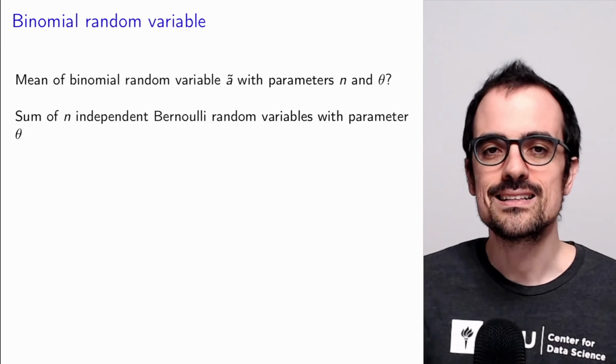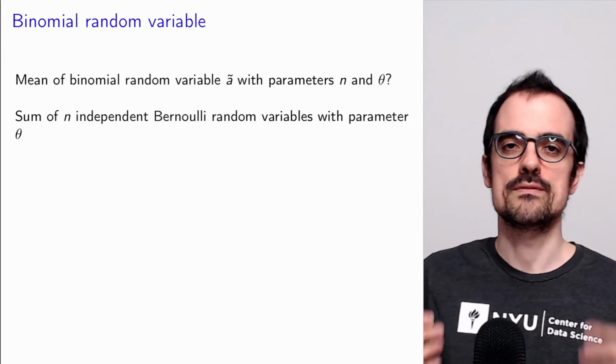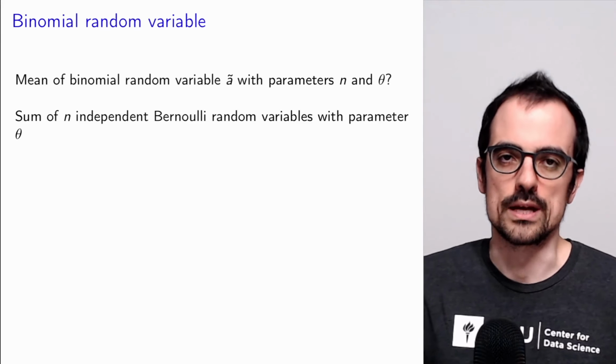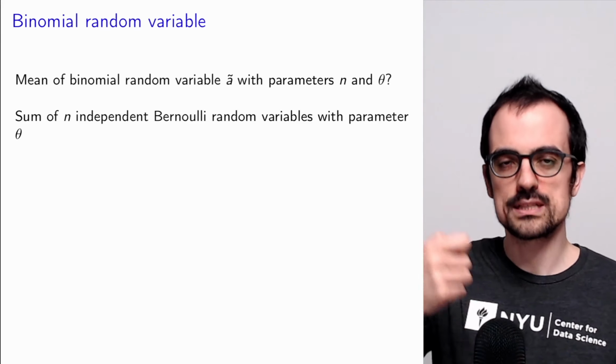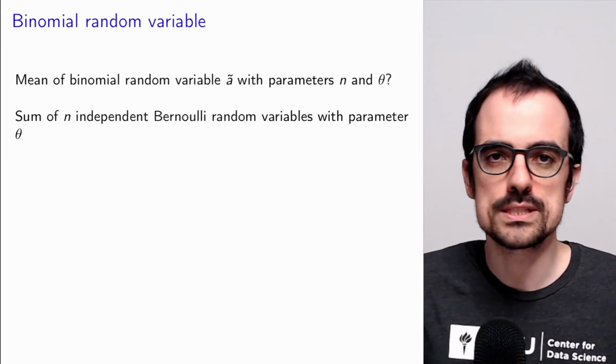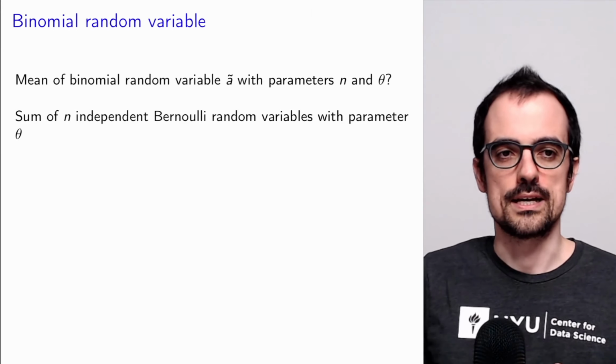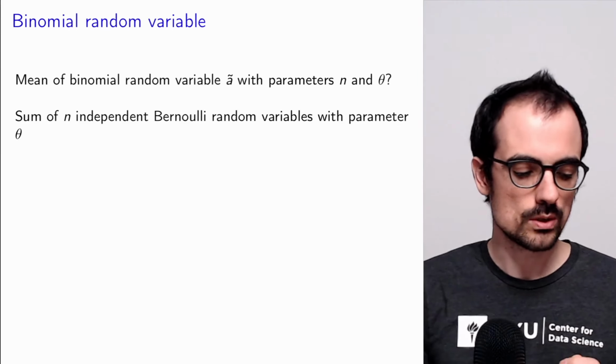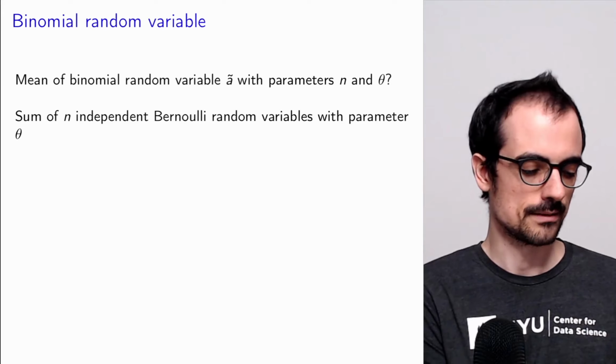When we defined binomial random variables, we motivated them in the following way. We had a coin that was flipped n times, and we were seeing how many times it was equal to heads. And all those flips were independent. And each flip had the same probability of being equal to heads, which was equal to this parameter theta.